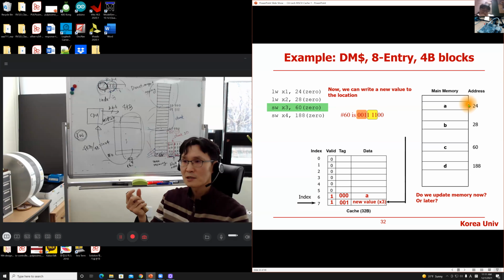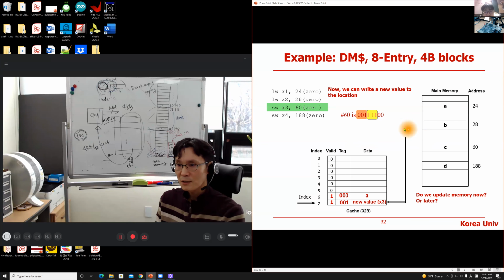What is the reason? Because main memory is so slow. I don't want to touch main memory if possible. I want to play with only the cache. So for now, I'm going to update only the cache. The cache says, don't worry, I'll update main memory later on with the new data.